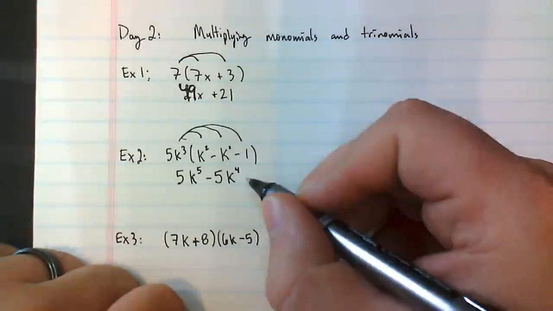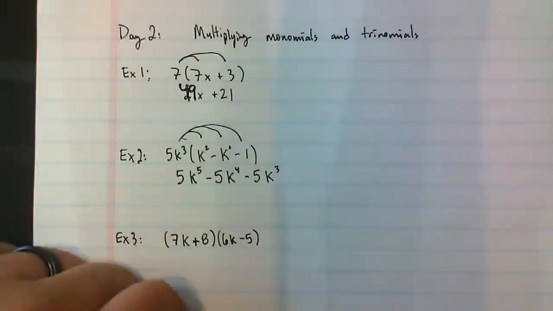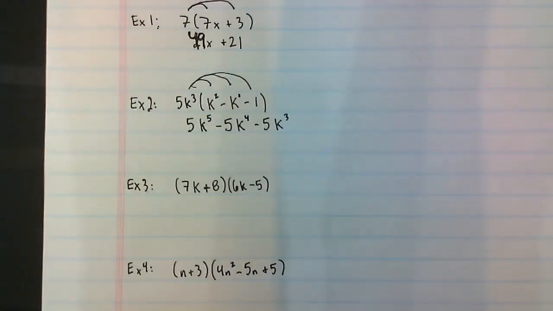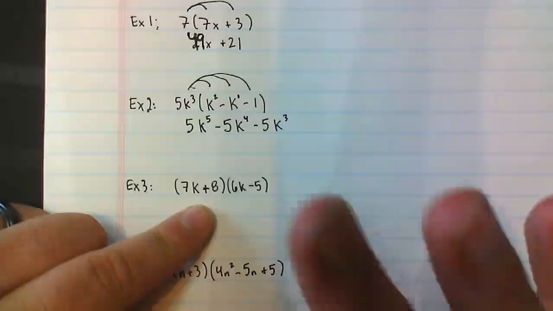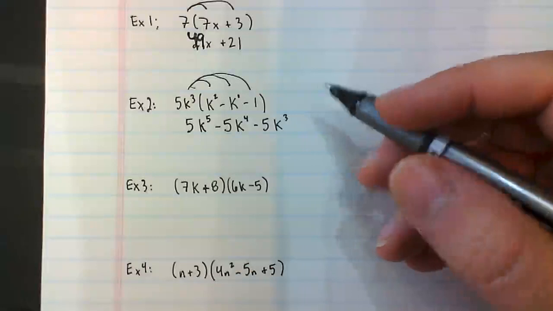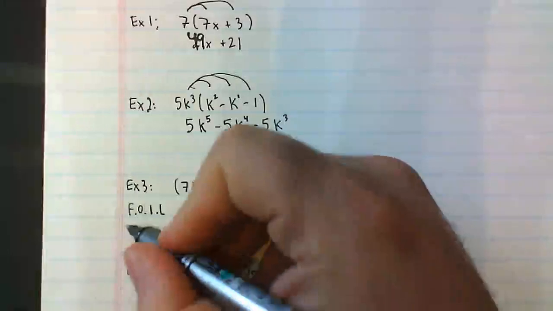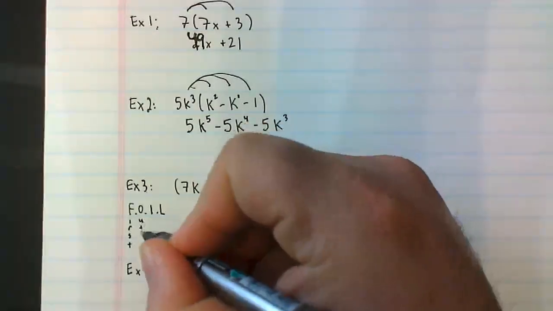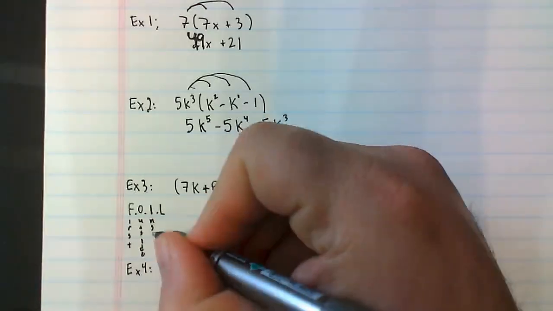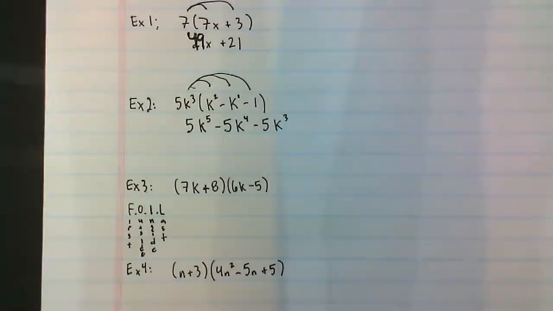Now, example 3 is dealing with a binomial. And there's really 2 methods to do this. You could do the FOIL method, which I'm going to use. First, outside, inside, last, an acronym to multiply the terms in your binomials. 7k times 6 would be 42k squared. 7k times negative 5k is negative 35k.